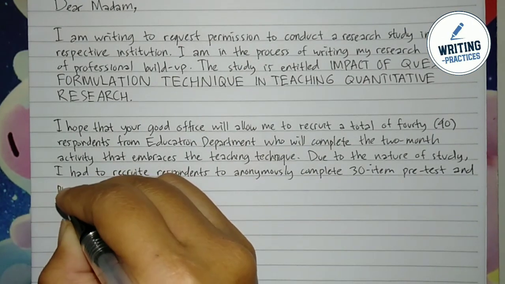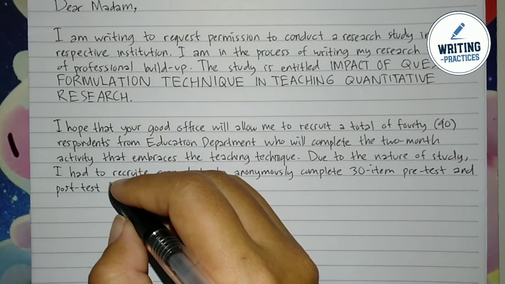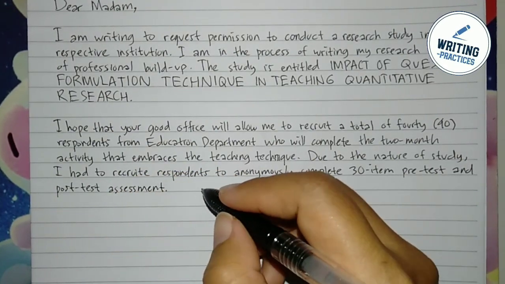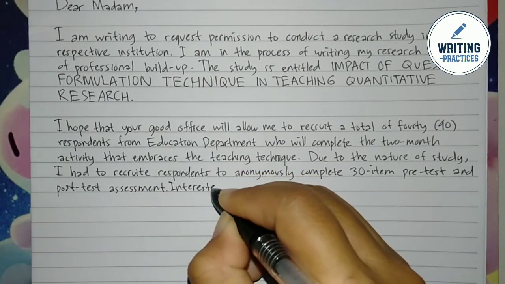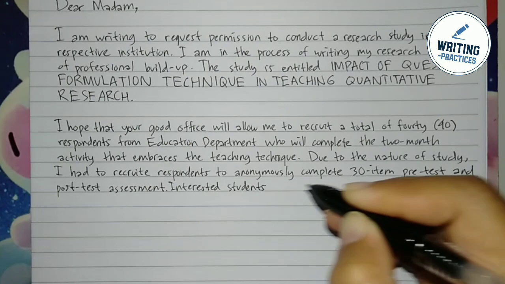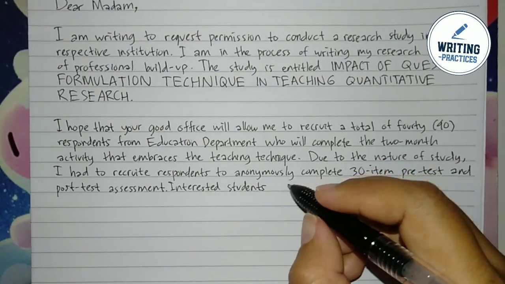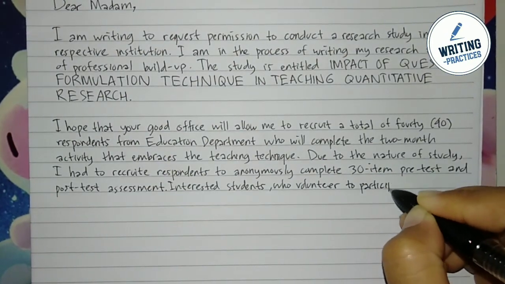After that, write more details about the tests and correspondence. There must be consent forms that must be filled by the parents of the students who are willing to participate. Here, you need to mention it.